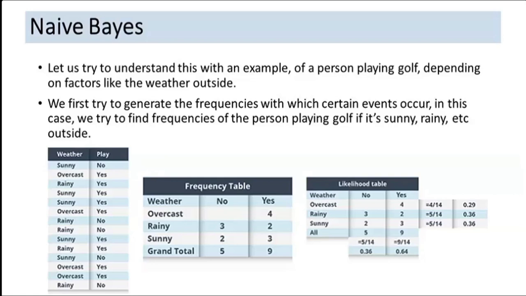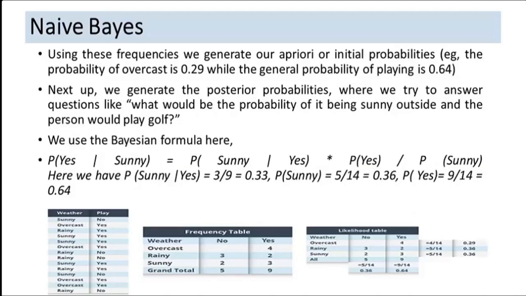So the output is 0.29. For rainy, 5 divided by 14, so the output is 0.36. And for sunny, 5 divided by 14, so the output is 0.36. Using these frequencies, we generate initial probabilities, or prior probabilities.